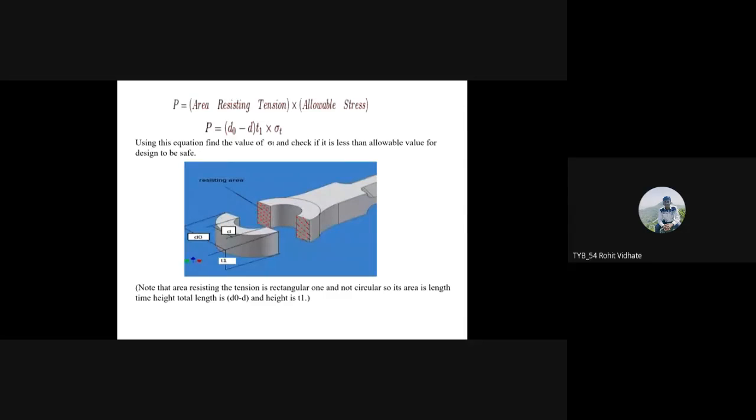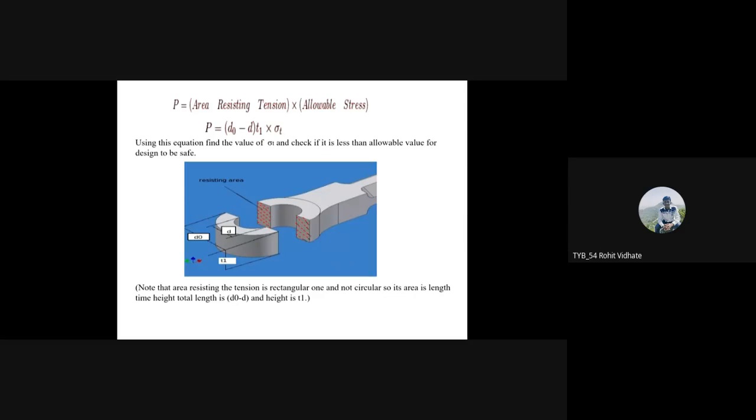You can see here, while we calculate that resisting area, small d is the diameter of the hole provided in that eye for inserting the pin, and d0 is the outer diameter of that eye, whereas t1 we have considered as the thickness of the eye.